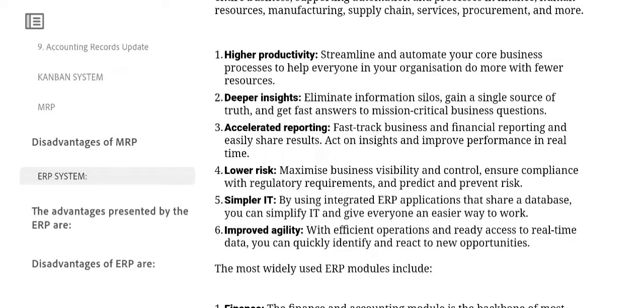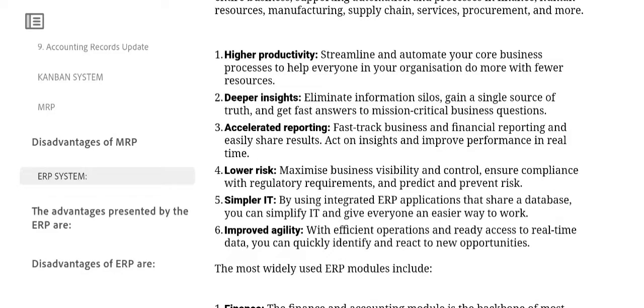With the help of ERP, you can easily generate all types of reports that you require. After that, lower risks, because everyone is continuously looking into the business which is going on in the software system, so there is a lower risk. After that, simple IT. In the ERP system there is not much complex stuff that you have to enter.